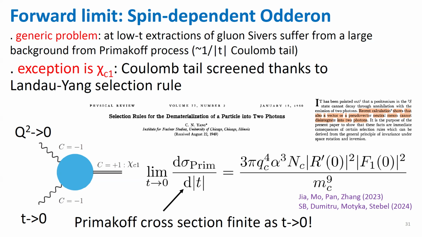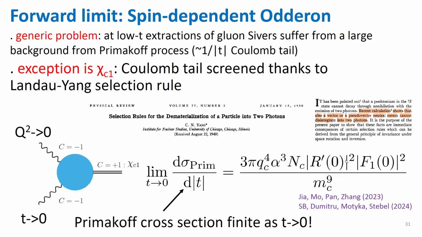So you can turn this argument around and look at not only the forward limit, but also the photoproduction limit of the gamma-gamma fusion. What comes out is that the Primakoff cross-section now has a screened Coulomb tail, and it is finite in the forward limit. This is a formula that you obtain in the heavy quark limit, where this is the derivative of the radial wave function at the origin.